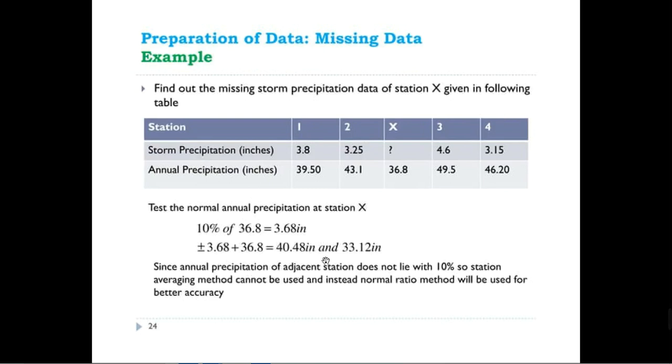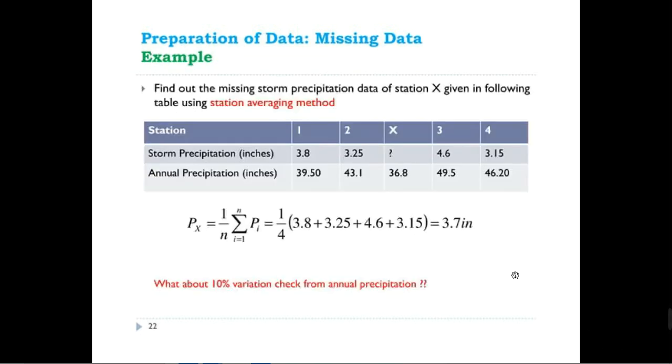Since the annual precipitation of adjacent stations does not lie within the 10 percent of station X, the averaging method cannot be used; instead the normal ratio method will be used. This is the question: find out the missing storm precipitation at station X using the averaging method. What about the 10 percent variation check from annual precipitation?